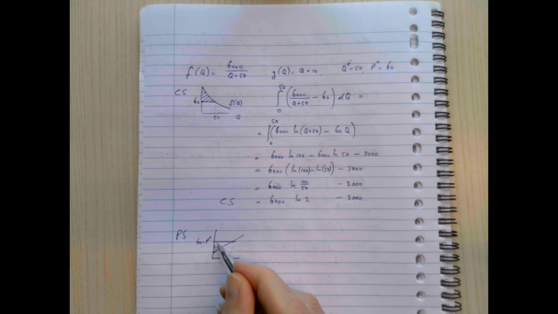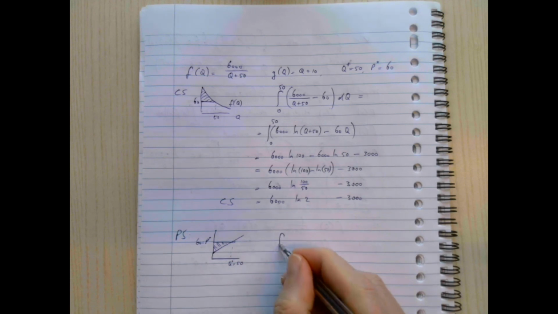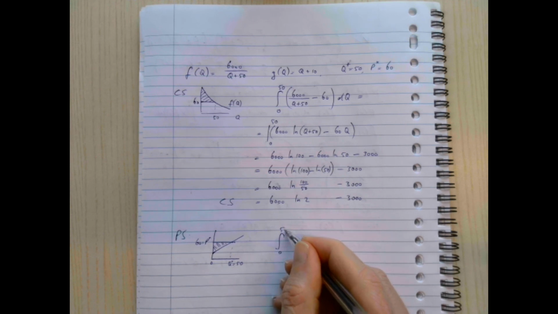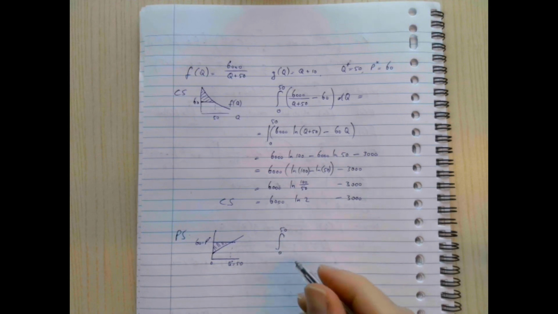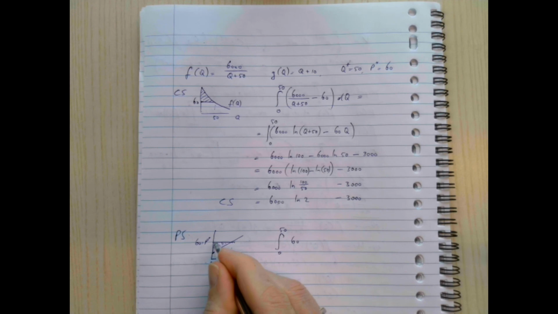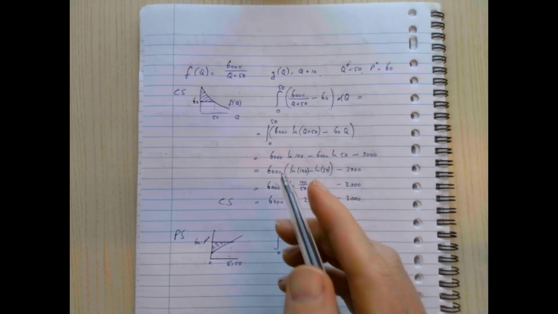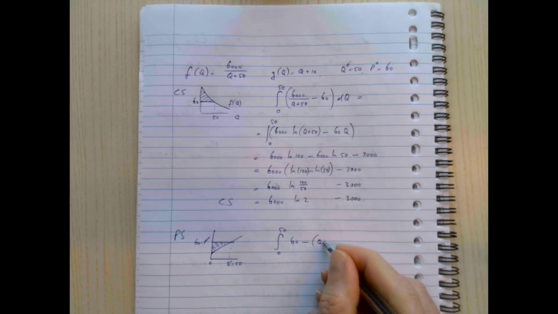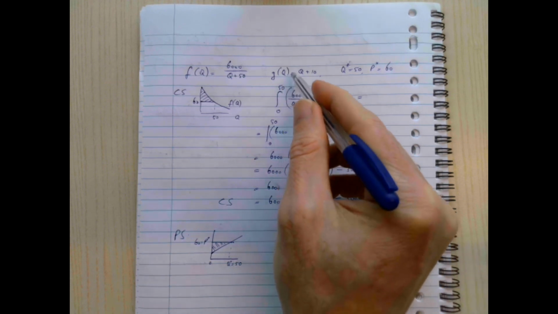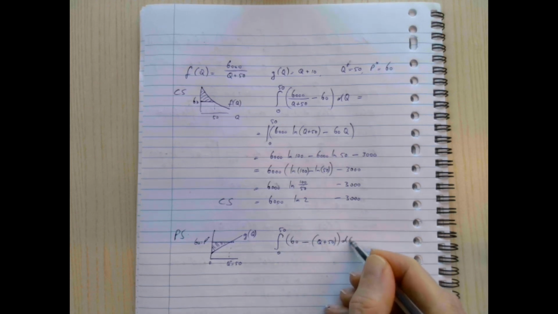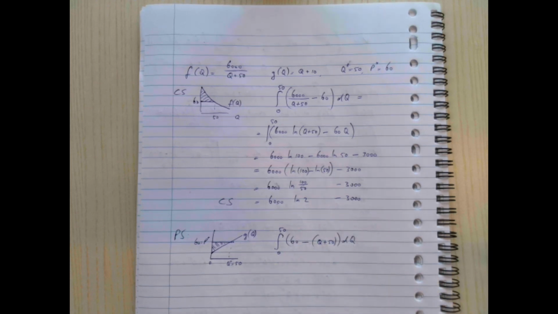We are now interested in this area here, which is the producer surplus, which you can compute as, again, the definite integral between q equals 0 to q equals 50 of the price, 60, upper line, minus the lower line, so minus the g function, q plus 50 is the function g of q. And I'm again evaluating that integral between 0 and 50.